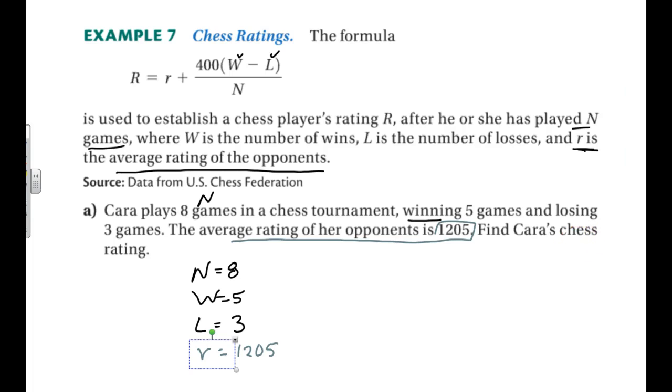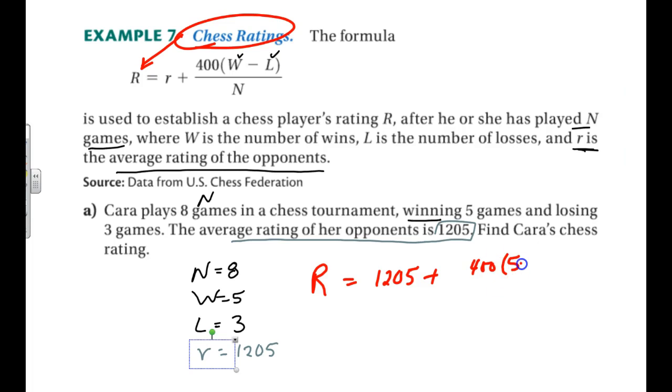So the chess rating formula must be the capital R. So let's see if we can fill in some things here. The chess rating is equal to the average rating plus 400 times her wins minus her losses, all divided by the number of games.